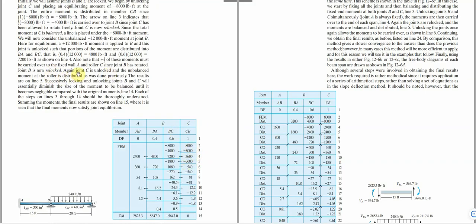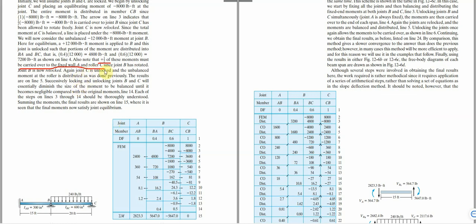Then we proceed again. Let me underline them so that when I'm explaining back, we first said this, line 3. Half of this moment must be carried over to the fixed wall A and roller C, since joint B has rotated.